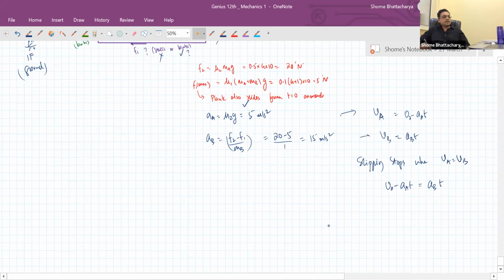Or you can understand this with relative motion also. Understand it this way, that this has a relative acceleration, because they were accelerating in the ground frame in opposite directions. So it will come to rest at some time t.